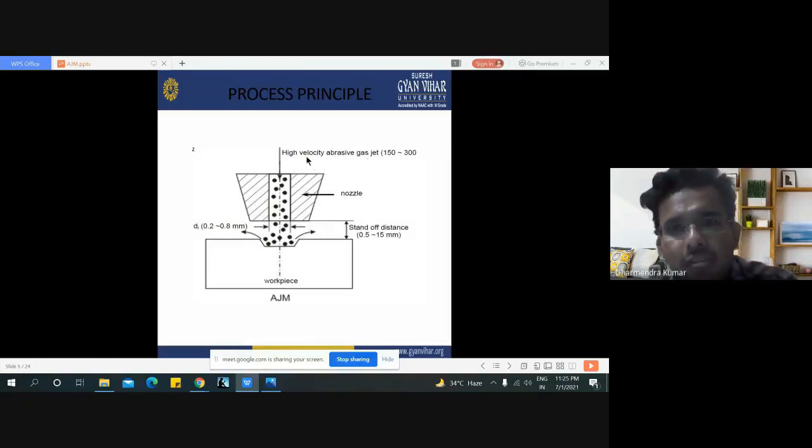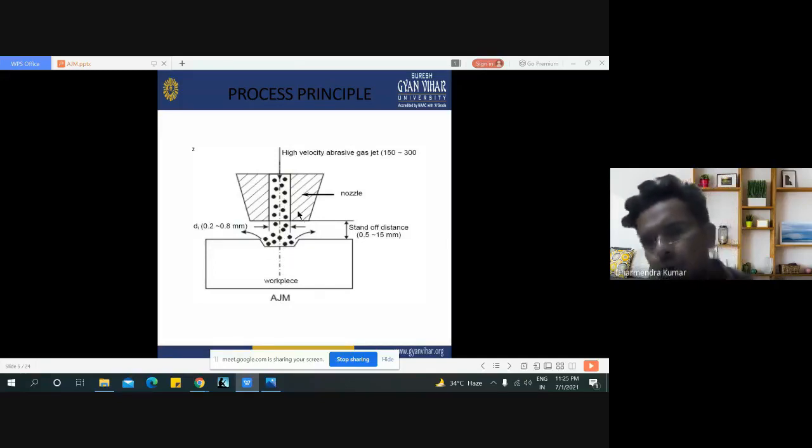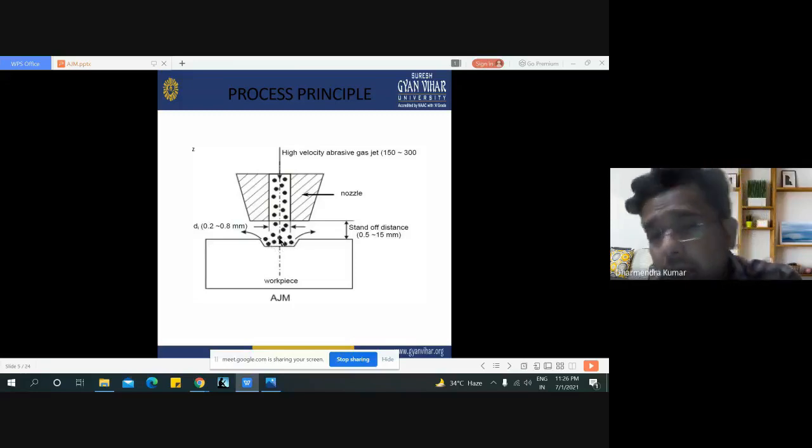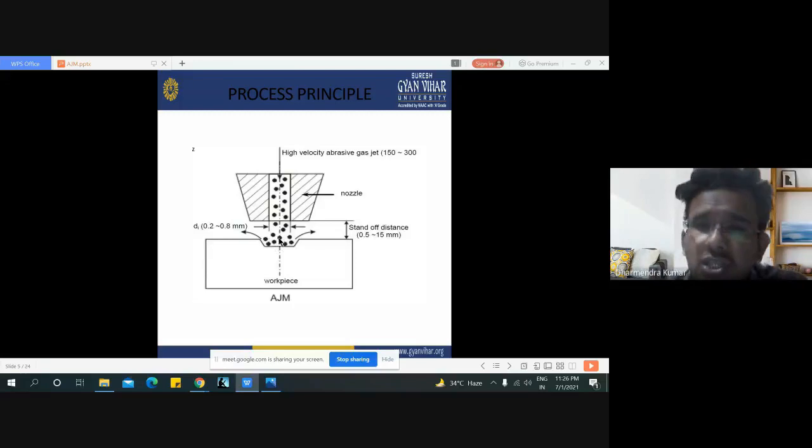Here the high velocity abrasive gas enters the nozzle with abrasive particles, and the workpiece is placed slightly below the nozzle of the machine. We can see that with the help of high velocity air, the abrasive particles directly strike the workpiece, and by striking, small fractures occur on the workpiece.